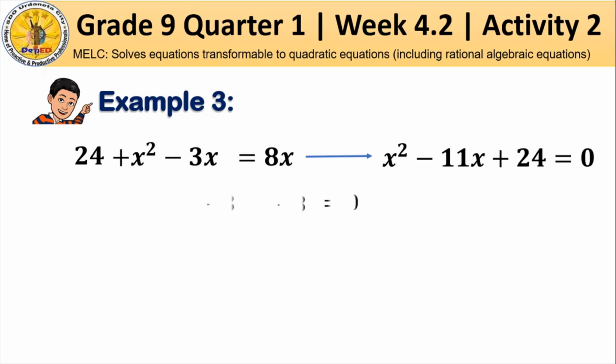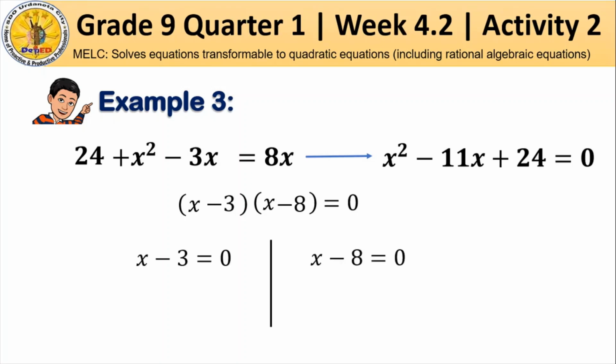By factoring, we have the factors quantity x minus 3 times the quantity x minus 8 is equal to 0. By zero product property, x minus 3 is equal to 0 and x minus 8 is equal to 0. The first value of x is 3 and the second value of x is 8.